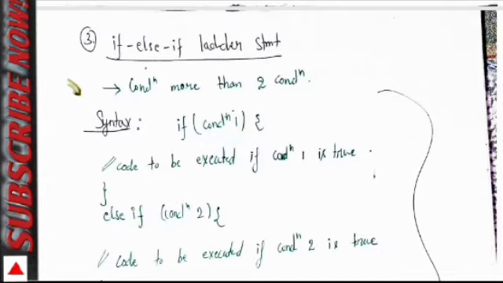Now comes the third. Here using the third statement with else if, condition 3 is true. Now you can use more than 3 or 2 conditions using the keyword else if.